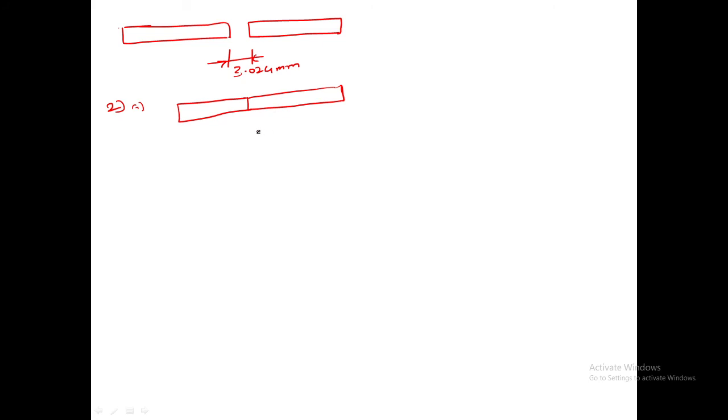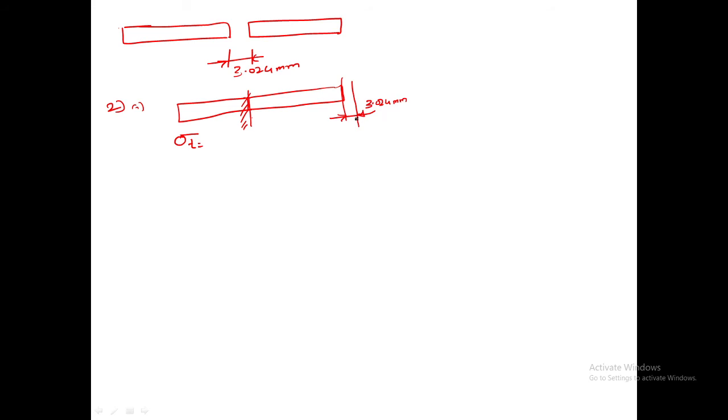Okay. So now you need to find out what is the stress that is going to be developed here. Okay. Now how much distance is your restriction here? If you consider only one part, you are making a restriction of 3.024 mm.